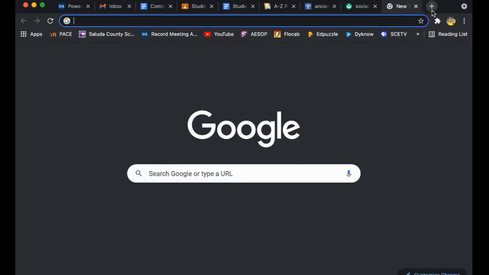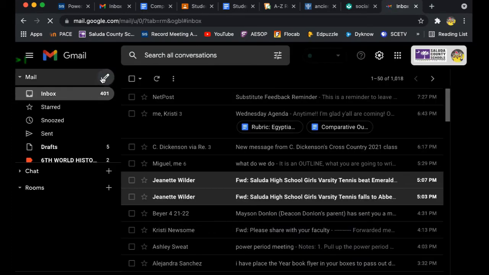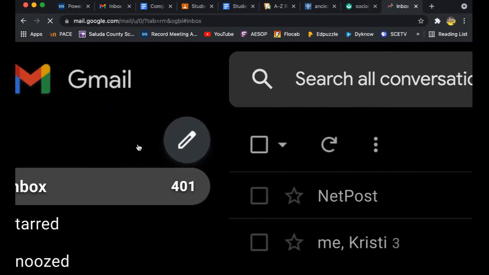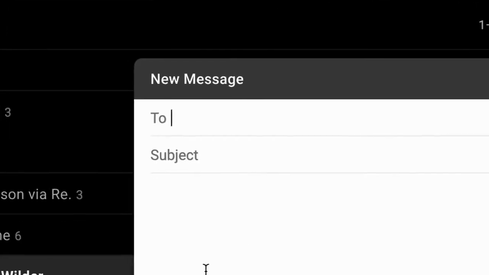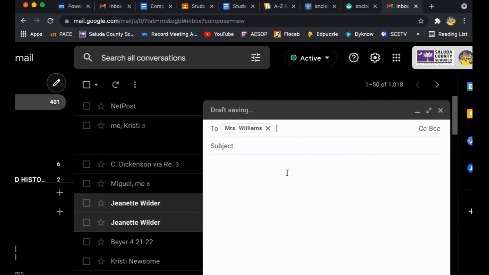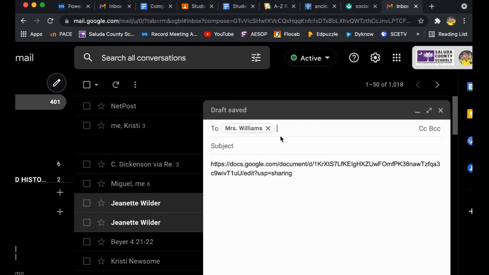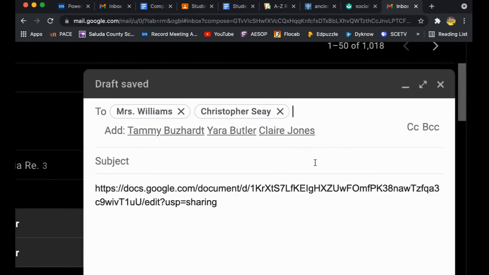So remember, to make an email, you have to press this little pen thing right here. And then you type in the names for the people you want to share it with. And when done, be sure to send your email by hitting send.